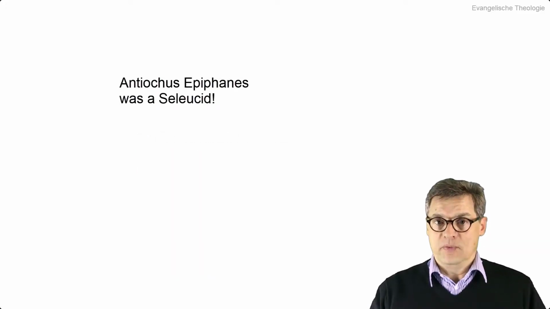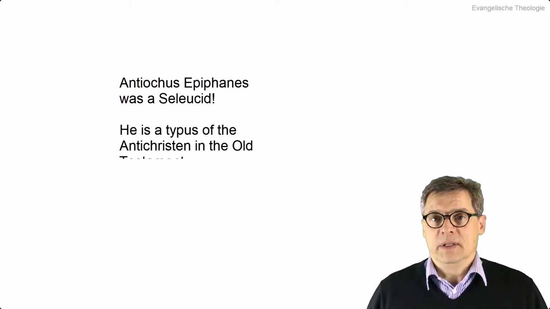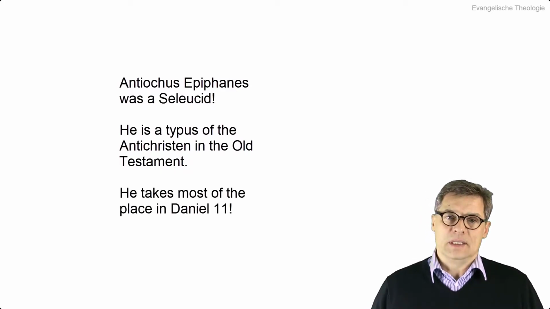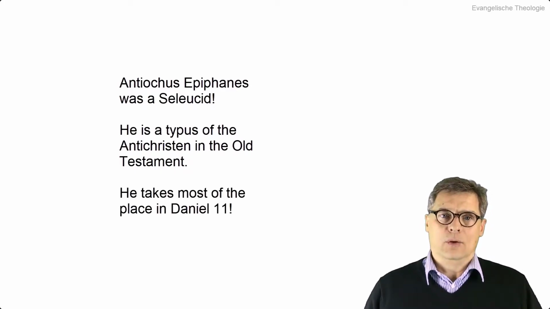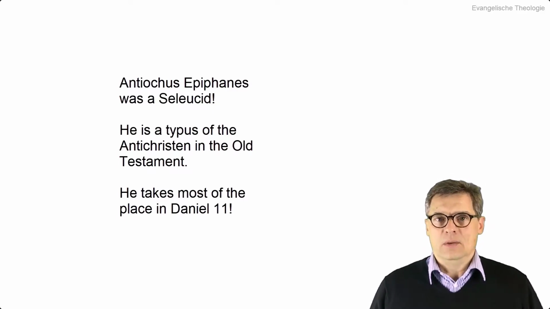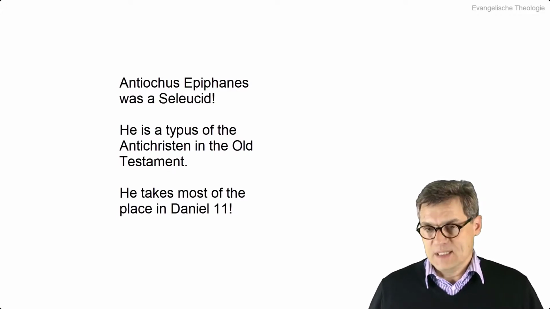This is important to note, and we can't just go over it. It is also well known that Antiochus Epiphanes is a model of the Antichrist in his capacity as the ruler who defiled the temple in Jerusalem. That's another topic, but obviously the Seleucids were very important to Daniel. At least this thought should actually make us sit up and listen.